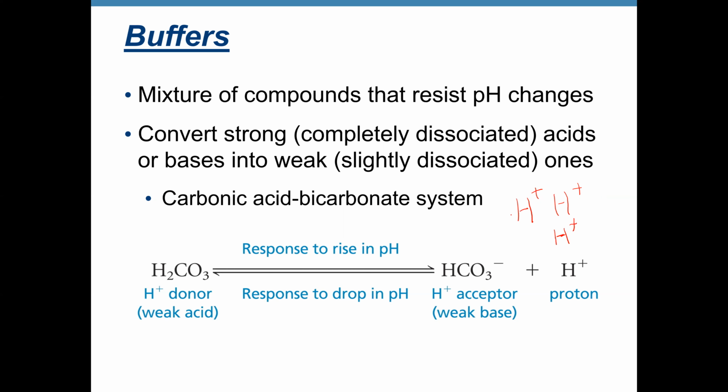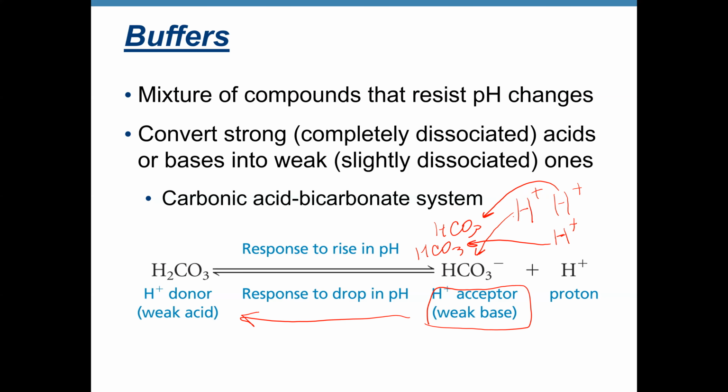Now what's going to happen is this bicarbonate is going to accept, well, you have not just one, right? You have many of them, HCO3. I'm going to take this one. So this bicarbonate is going to accept this hydrogen and become carbonic acid.